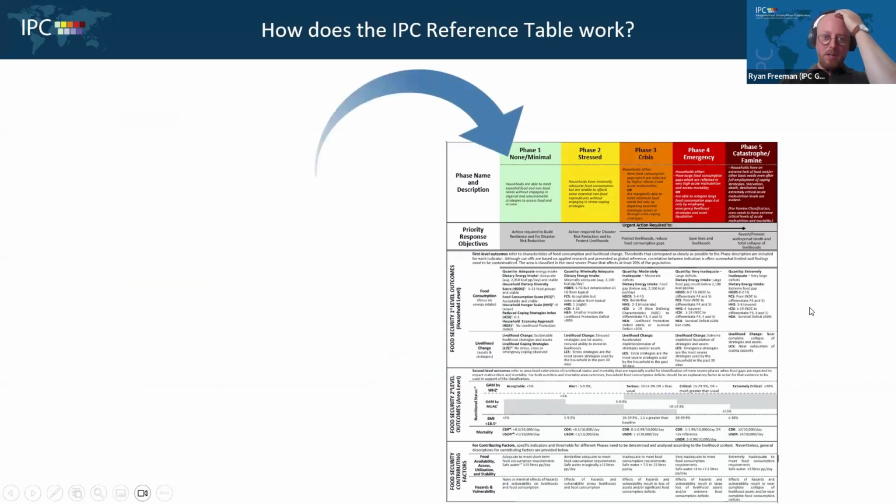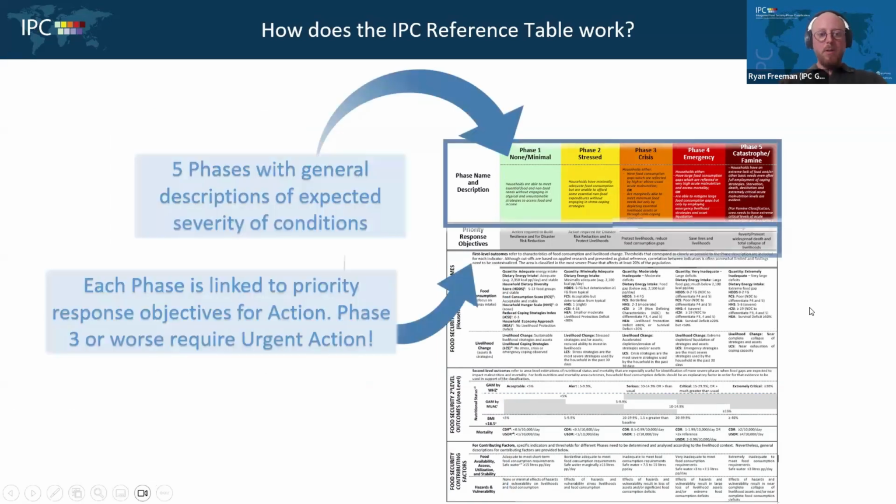What's really interesting is when we present this in country to regular analysts, when we're in a training, just about to start the analysis, there's always a question on how is this reference table updated, or when was it updated, or how did we create this?